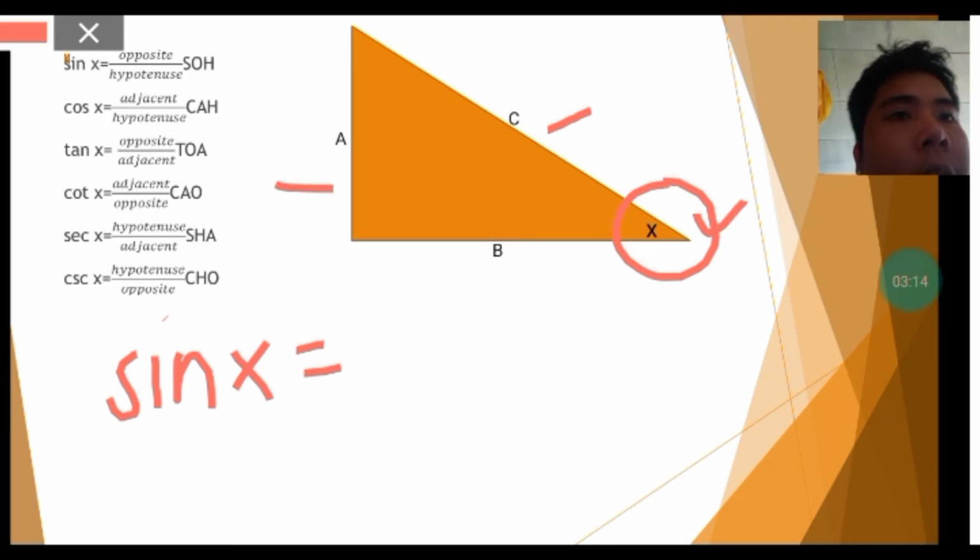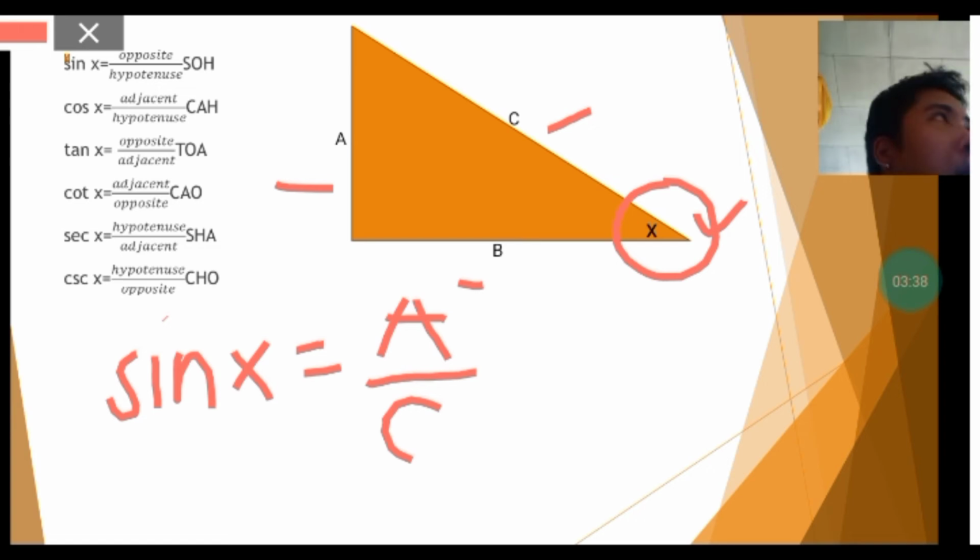We have a. And the adjacent is b. So if your teacher asks for the trigonometric function of sine x, opposite over hypotenuse, you have a over c.